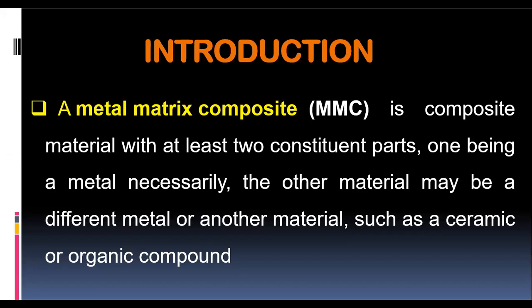So this metal matrix composite is a composite material with at least two constituent phases or parts, one being a pure metal. So one being a pure metal necessarily. The other material may be different material or another metal. So this is the required one for the metal matrix composite.